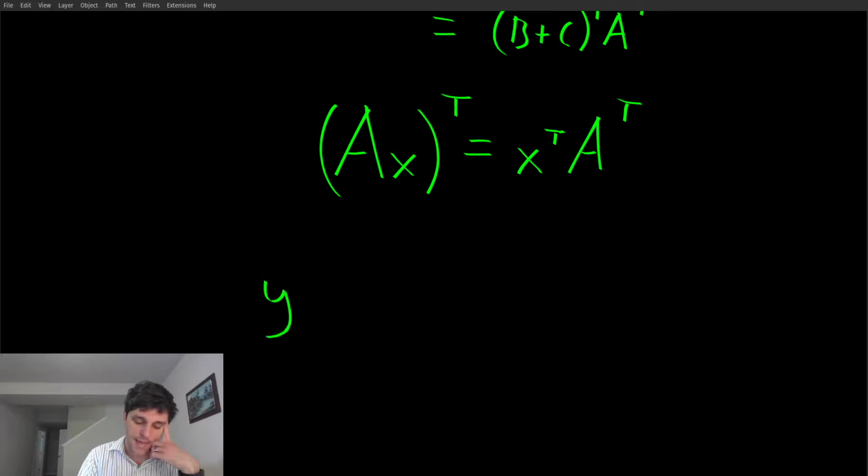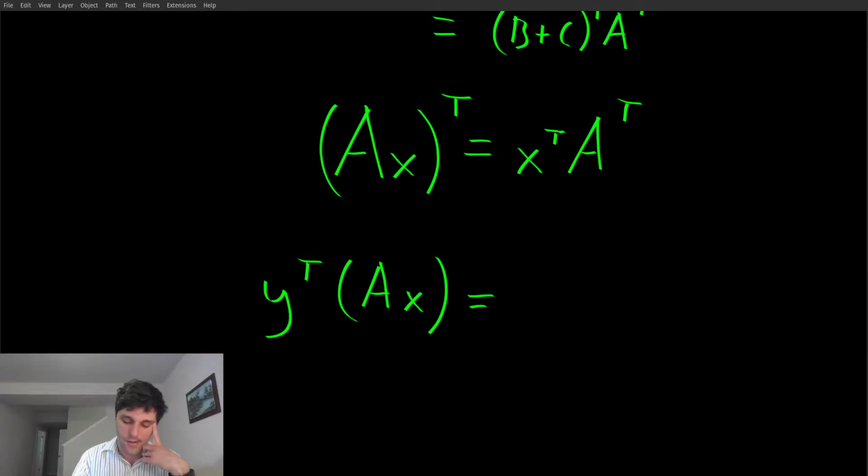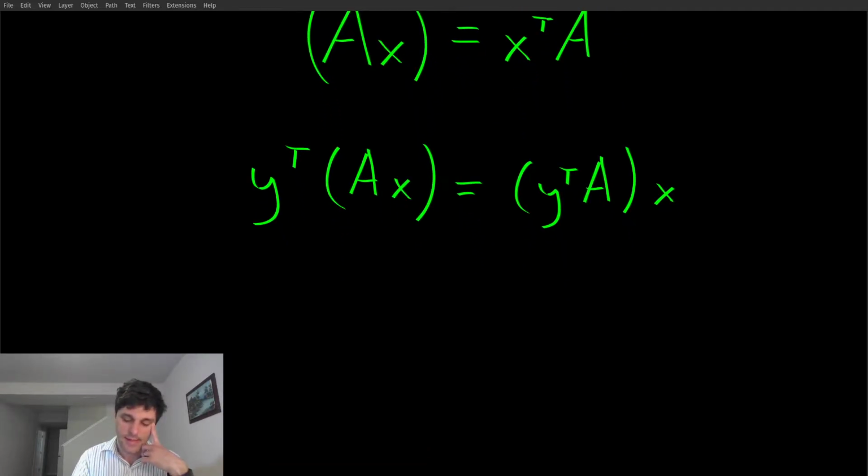So let's say I have Y transpose A times X, right? So Y is a vector, A times X is a vector, and we're doing some inner product between those. We could, for example, use the associativity rule to rearrange to do Y transpose A times X, like that.